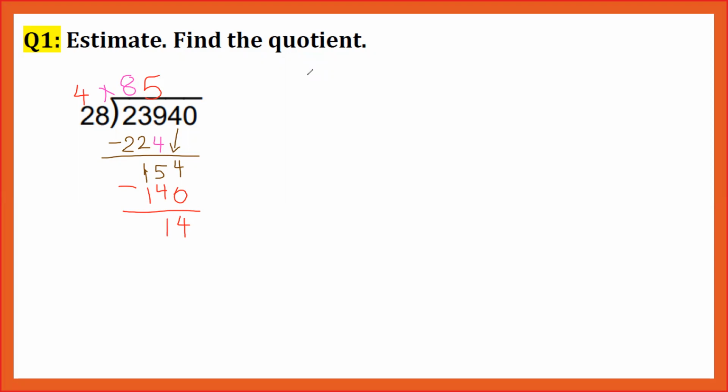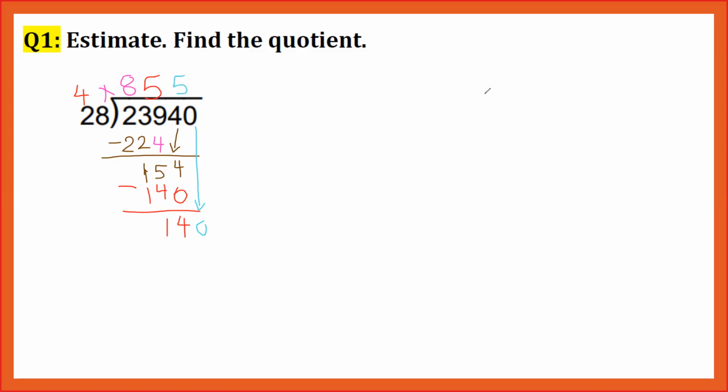So the remainder here is 14. Then what do you have to do next? We have to put down the 0. Put down the 0. Bravo. So it's 140. 140 divided by 28 is 5.